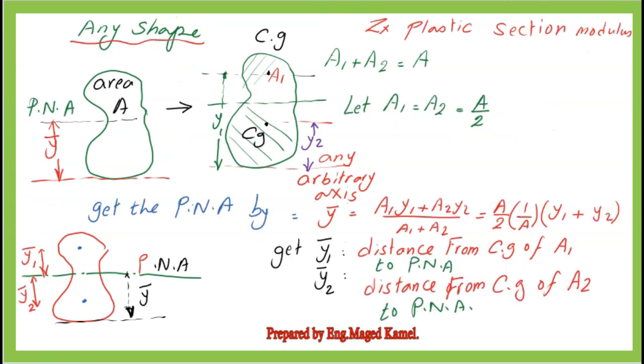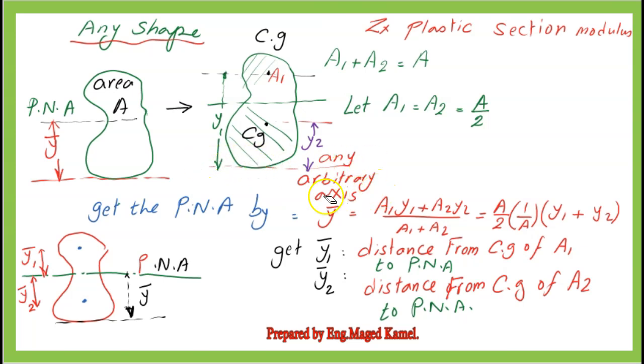For the plastic section modulus Z sub x, create a datum line, for instance passing by the bottom of the shape. Use any arbitrary axis. This axis will divide area A into two equal areas, each equal to A over 2. Estimate the distances Y1 and Y2, or the CG distance for area A1 and the CG of the second area A2 about the external datum.